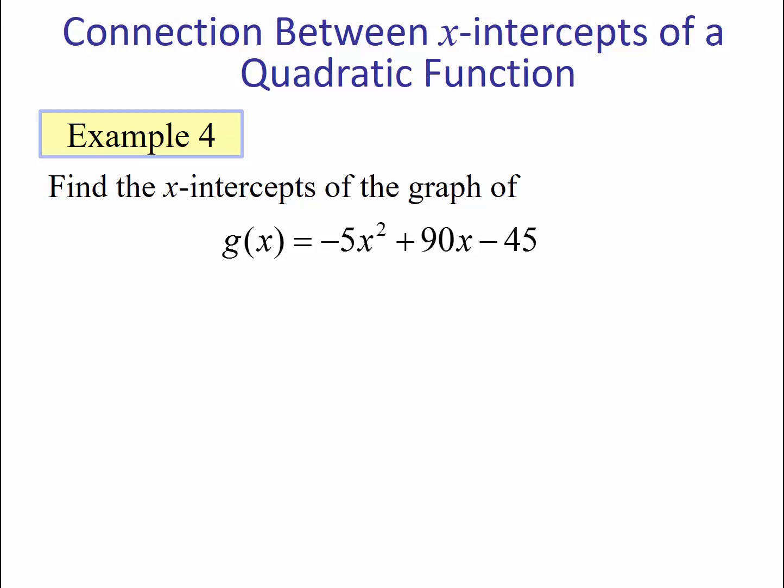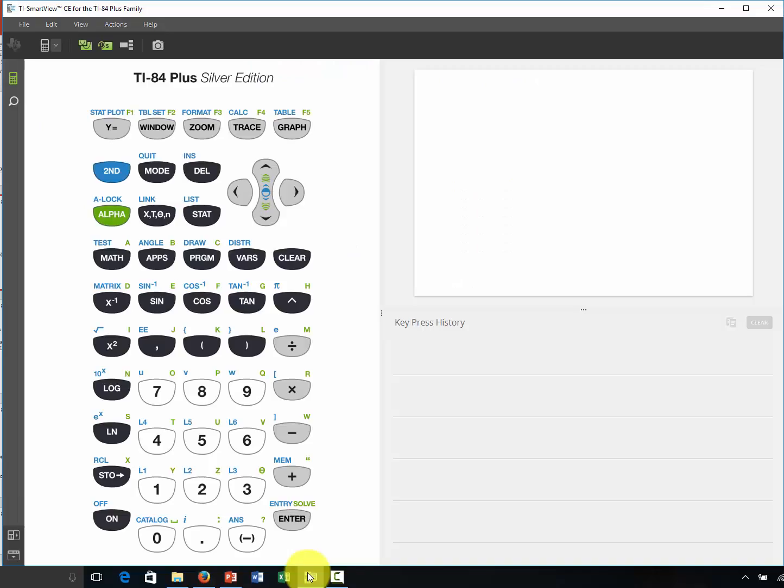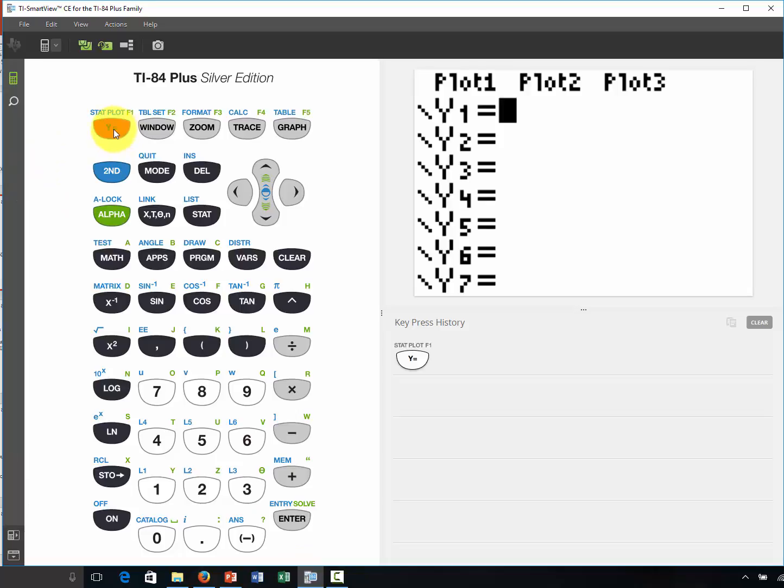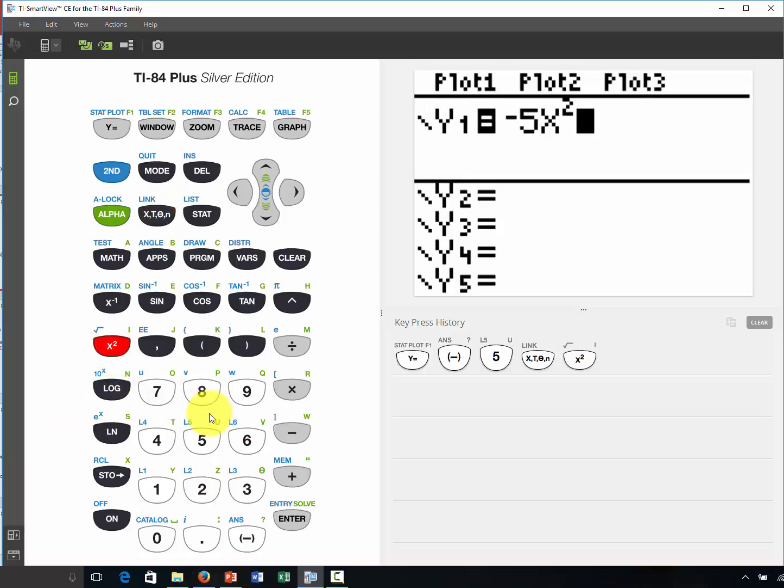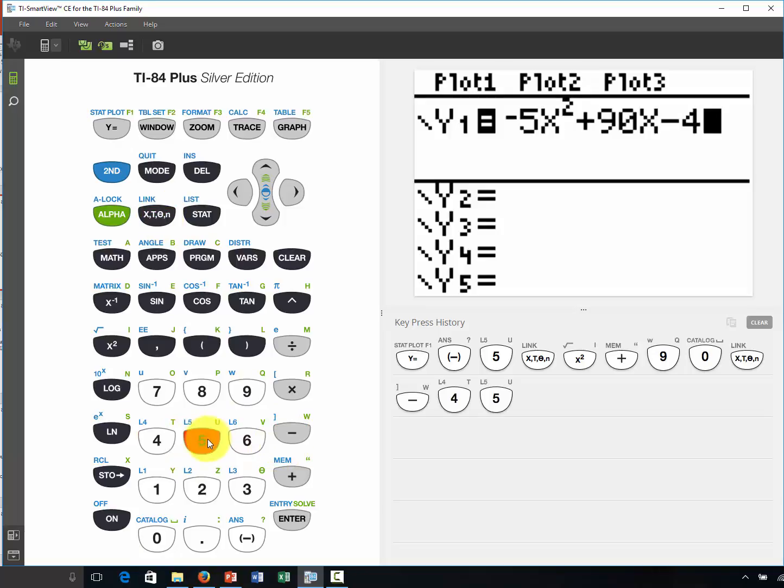Example 4. Find the x-intercepts of the graph g of x equals negative 5x squared plus 90x minus 45. We'll begin by graphing g of x. So we go to the y equals. We type our function in, negative 5x squared plus 90x minus 45.